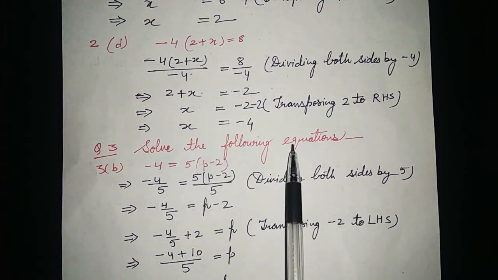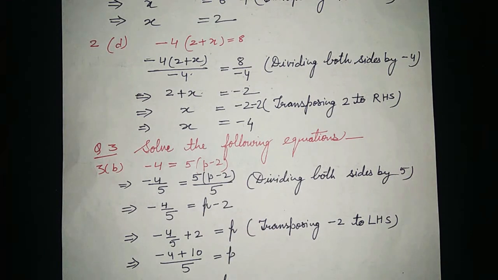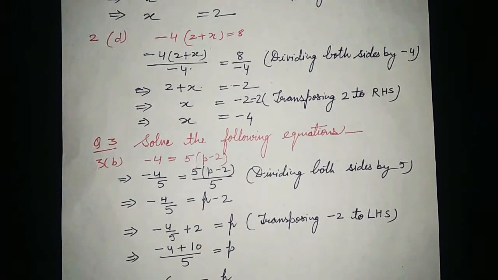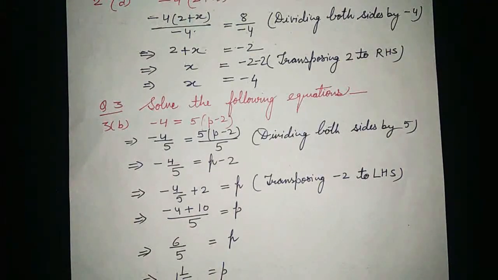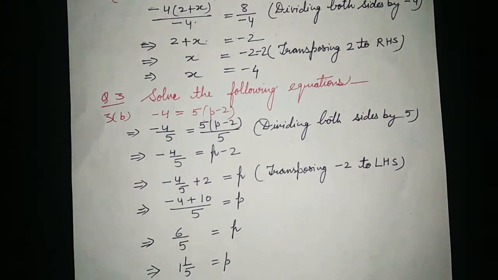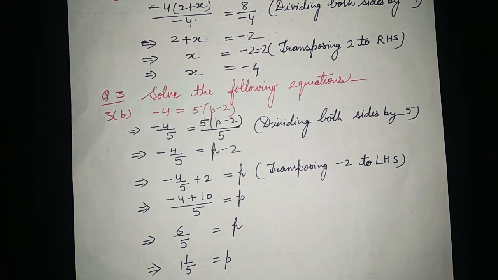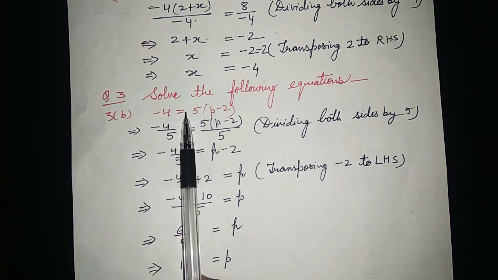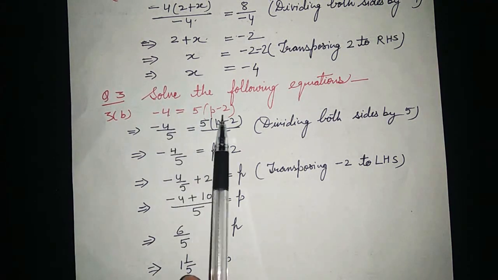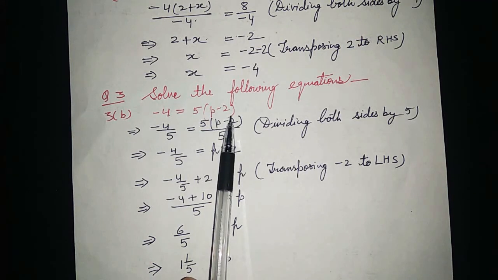Now see the third question. Third question is solve the following equation. Here I am explaining you B part of question number 3. Equation is minus 4 is equals to 5 into p minus 2.